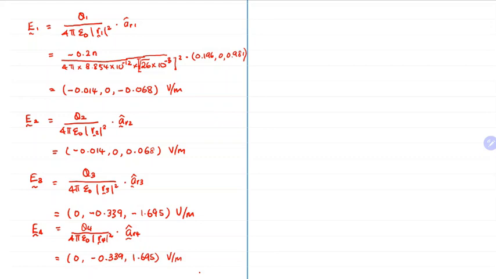So this is the individual contribution of the electric field of each individual charge. The total field is just the vector sum of all of these, E1 plus E2 plus E3 plus E4.